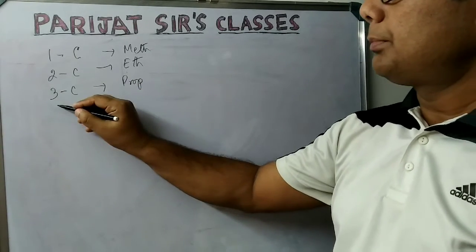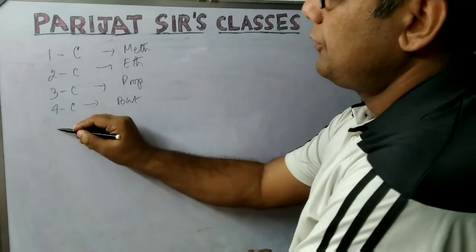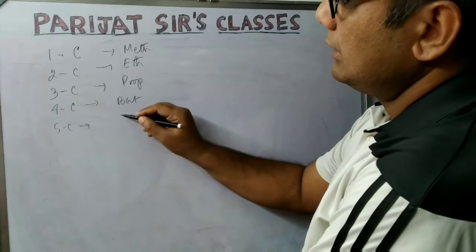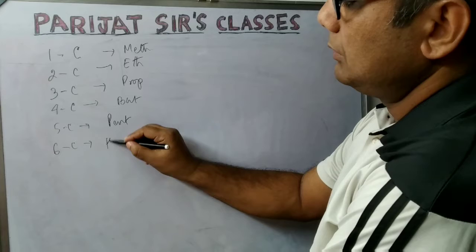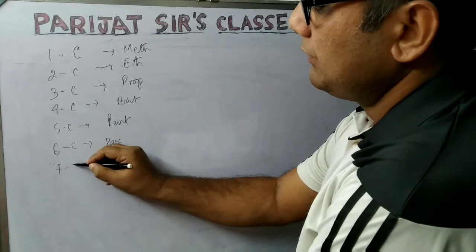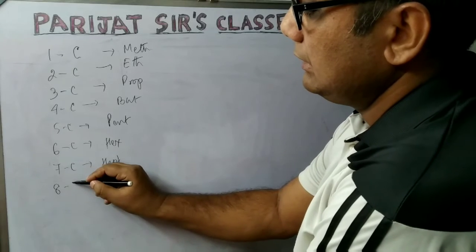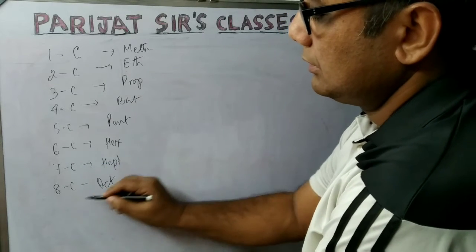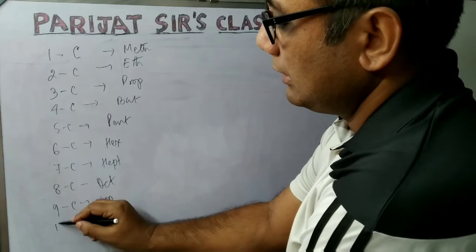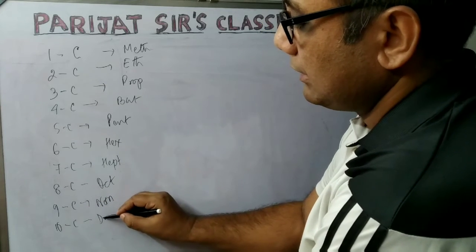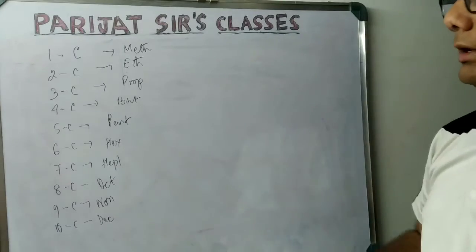For 4, it will be but. For 5, pent. For 6, hex. 7 is hept, 8 is oct, 9 is non, and 10 is dec. I'll be dealing till 10 because you don't have more than 10 at class 10 level.